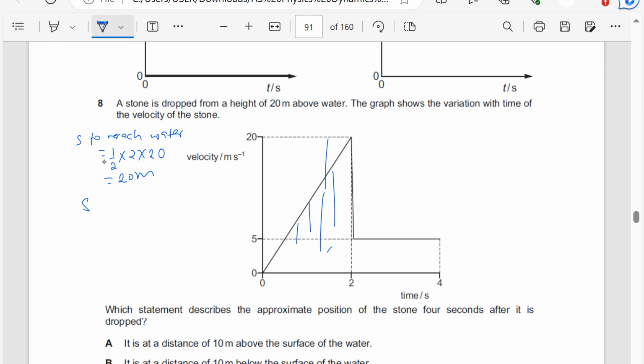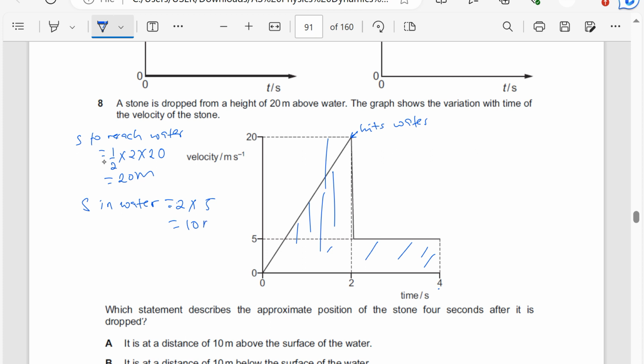Then S when it is in water, so here at this point it has touched the water. So here, it hits the water, and it rapidly decelerates. So S in water is going to again be the area under this part here, which is 4 minus 2, that is 2, times 5 minus 0, which is 5.